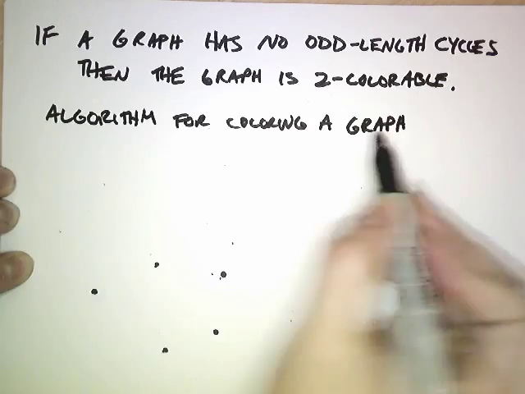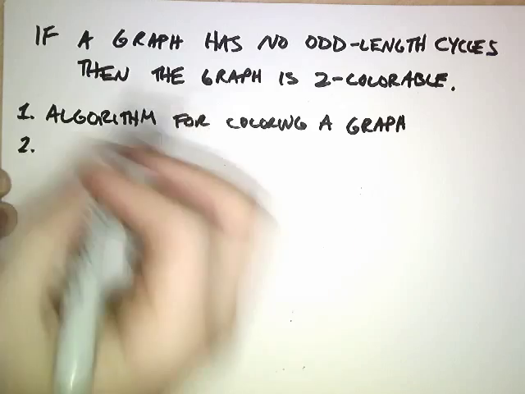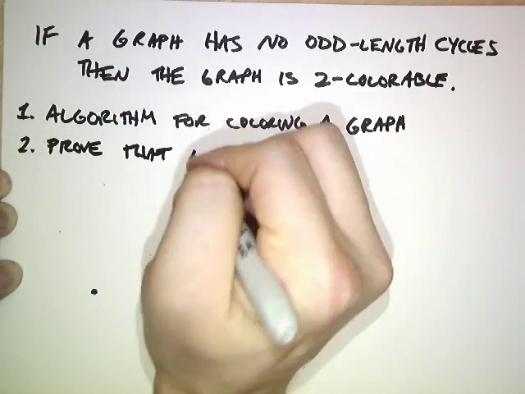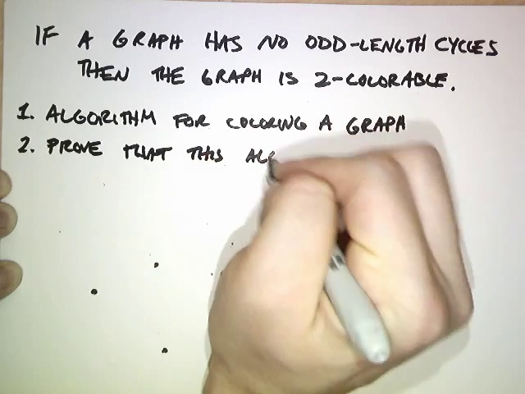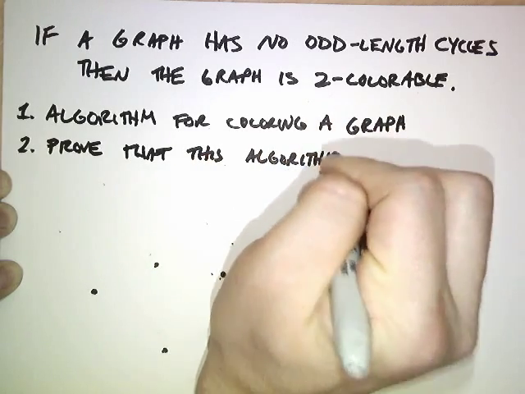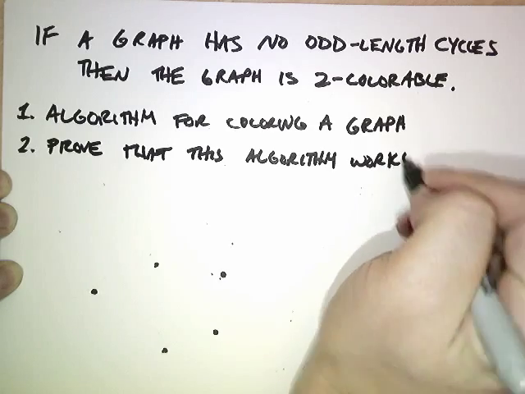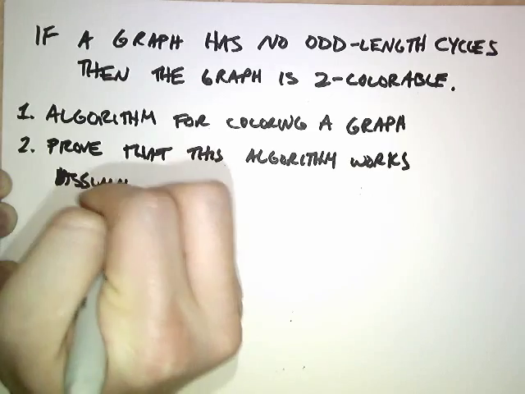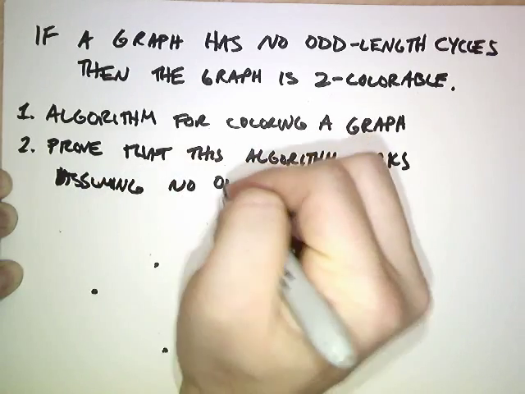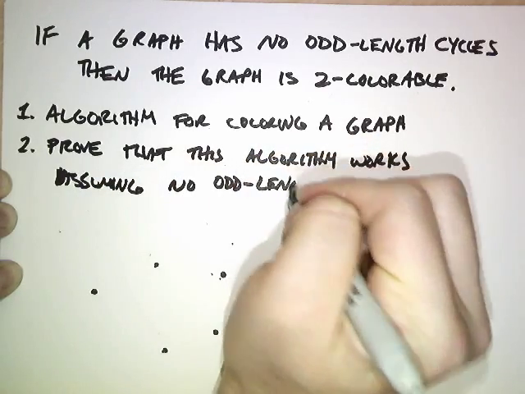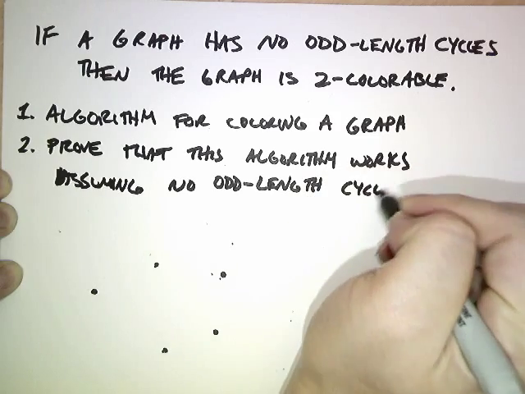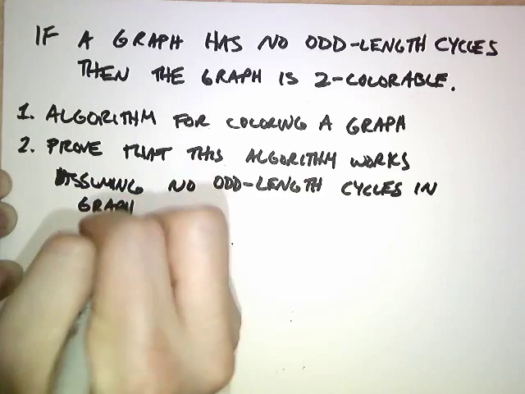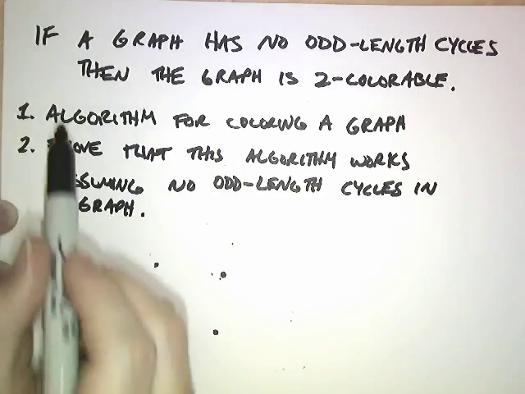So I'll give you an algorithm for coloring a graph, and then we'll prove that this algorithm works assuming no odd length cycles in the graph. Okay, so that will prove the claim.